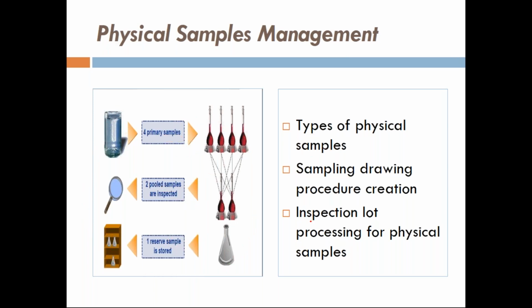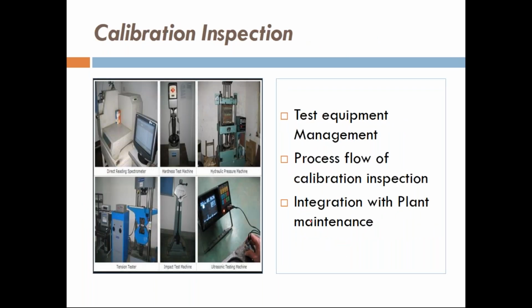After that we will go to calibration inspection. This is integration with PM. Somebody is a PM consultant, right? So this is the integration between QM and PM. In some industries, to check the quality of the materials, they use quality equipment, like the pH meter in the example I gave.